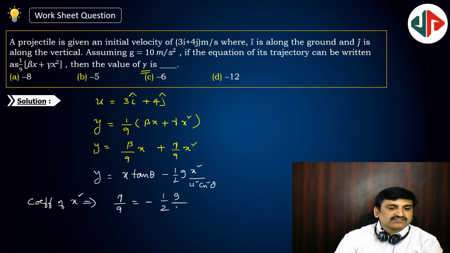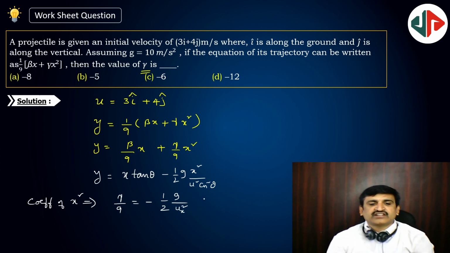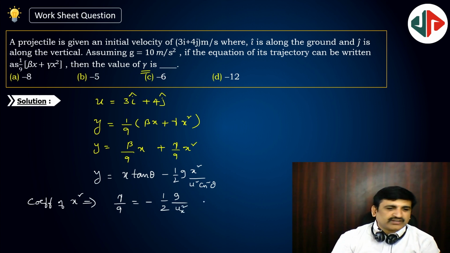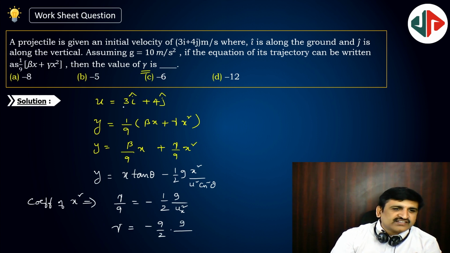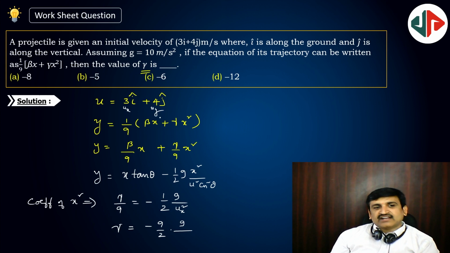U square cos square theta I can write as ux square, which is nothing but the horizontal velocity component. So gamma is equal to minus 9 by 2 into g by ux square. You know the i component is ux and the j component is uy.